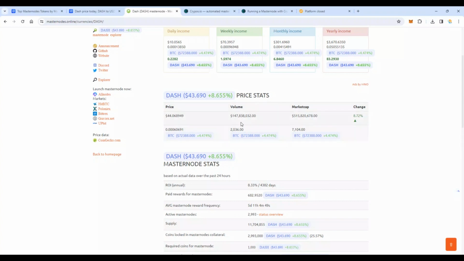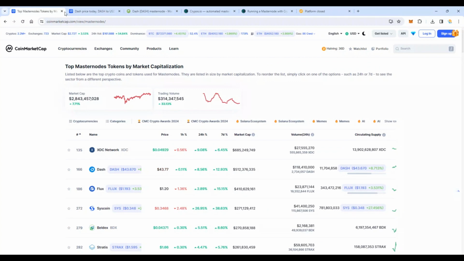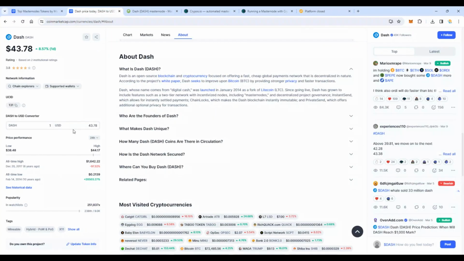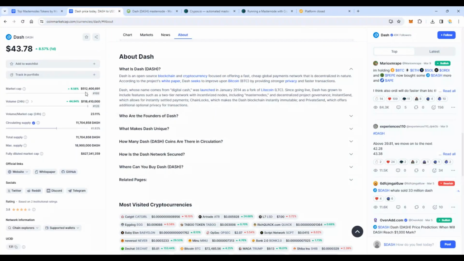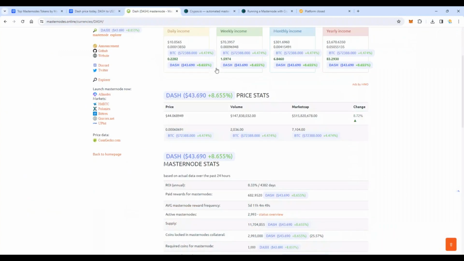Today, in the last 24 hours, you can see it's around $147 million, okay, which is equivalent to 2,036 BTC. And then you can see the market cap. So this is the entire market cap for Dashcoin, which should be equal or close to this. You can see here it's $512 million, and here under Masternodes.online we have 515.